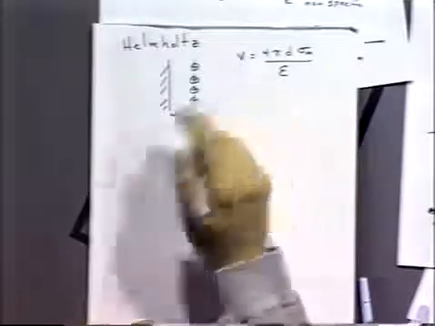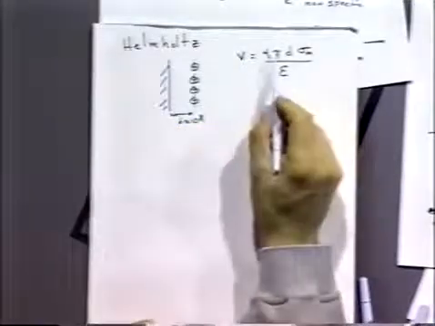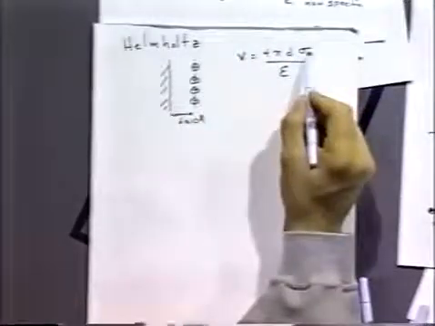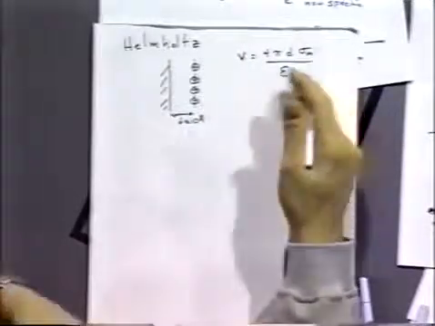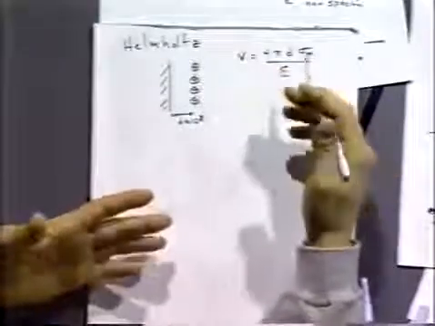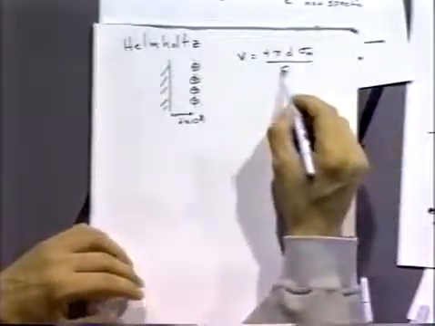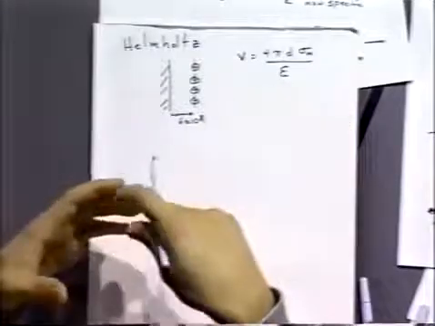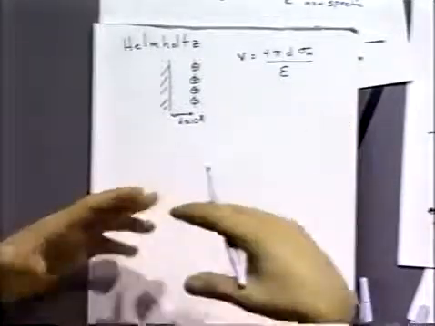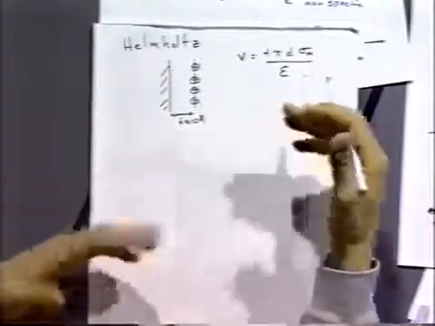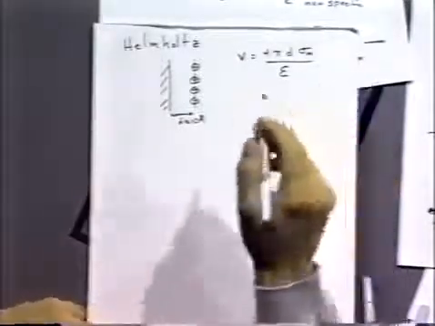Where V is the voltage across the capacitor, 4 and pi are geometric factors, D is the distance here, sigma m is the specific charge on the surface, or the charge density, so how much charge per unit area, and epsilon is the dielectric constant of the medium, so the dielectric constant of the capacitor.